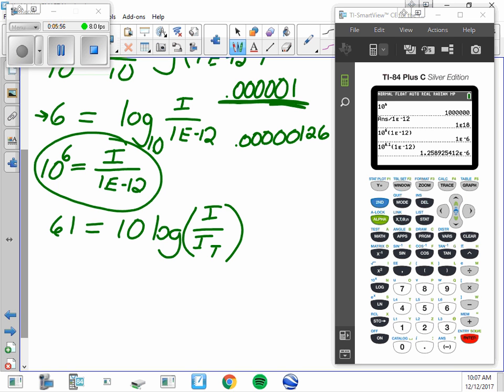So how much extra energy did it take? Not a lot. Let's find out. If I take this answer and divide it by 1e to the negative 6, I get an increase of 25%.